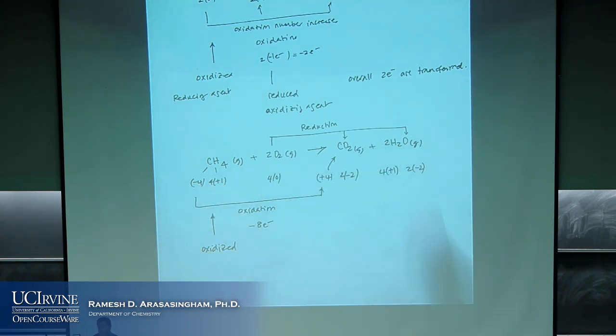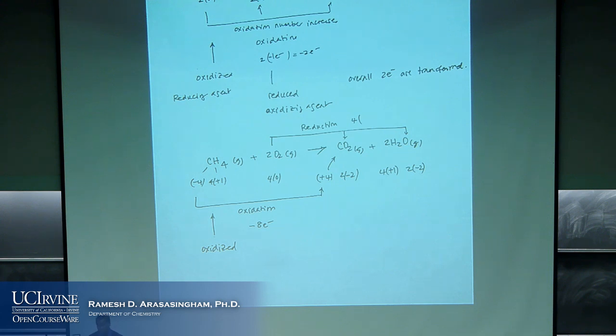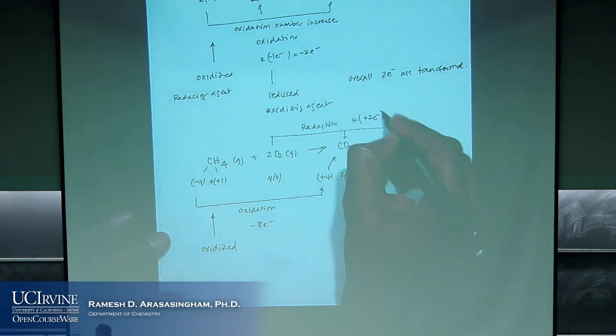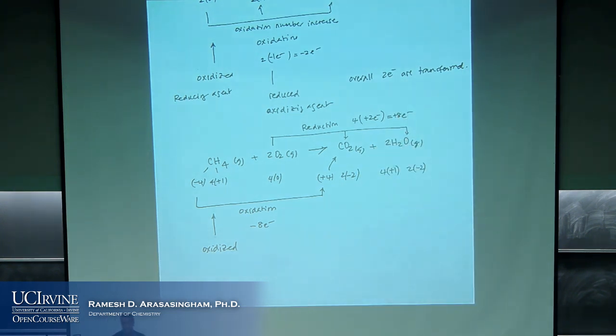There's 2 plus 2, 4 oxygen atoms. So there are 4 oxygen atoms. And each oxygen atom goes from 0 to -2. So what is the change? 2 electrons. If it's a reduction, are electrons picked up or electrons lost? Picked up. So you know that they're times 2, which gives me 8 electrons.